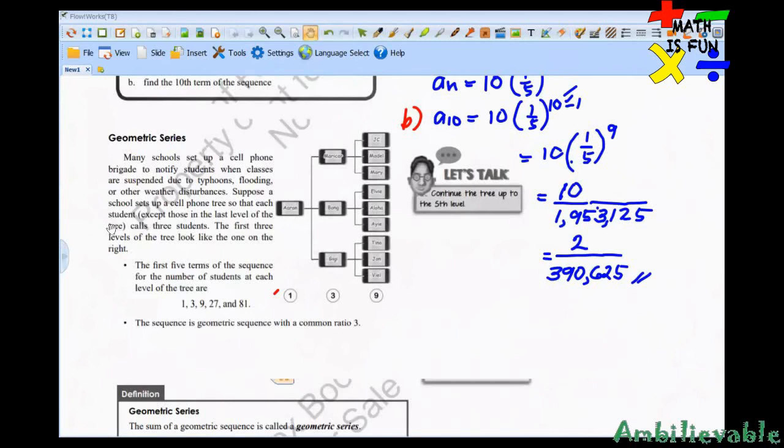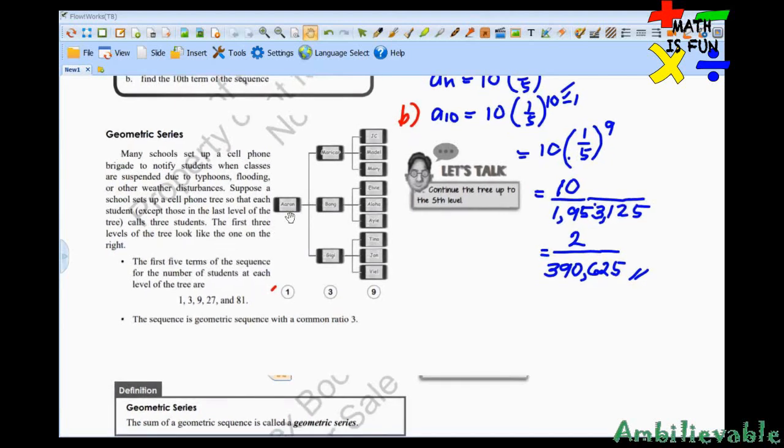Suppose a school sets up a cell phone tree so that each student, except those in the last level of the tree, calls 3 students. Okay, so the first three levels of the tree look like the one on the right. So for example, Aaron called three students, Maricar, Bong, and Gigi.